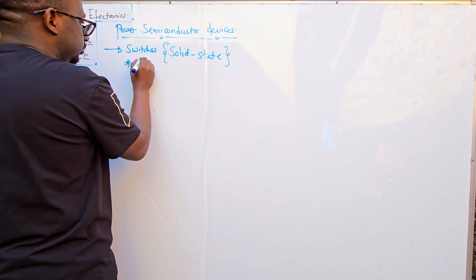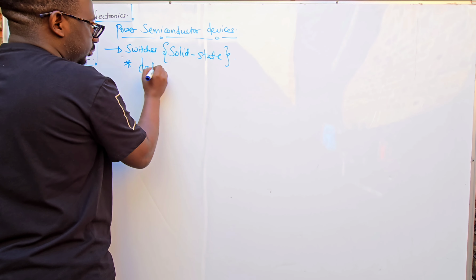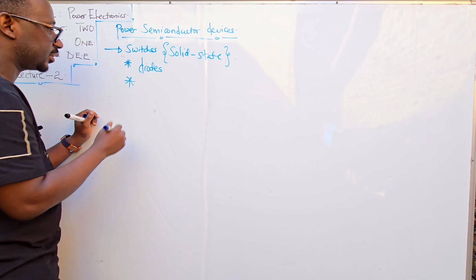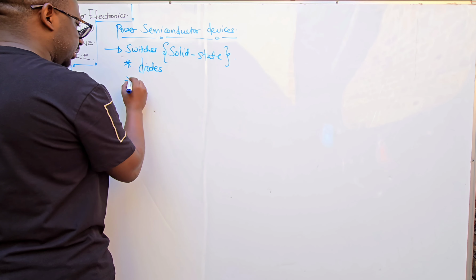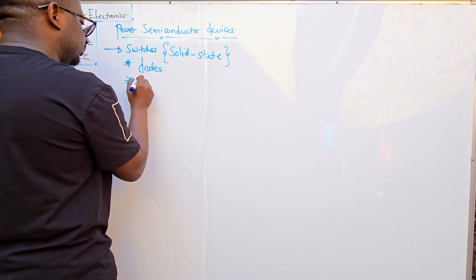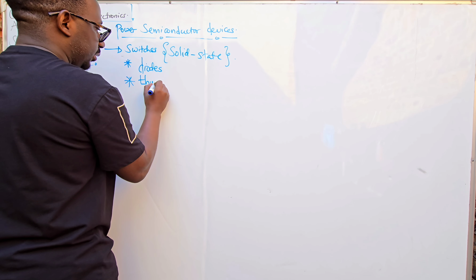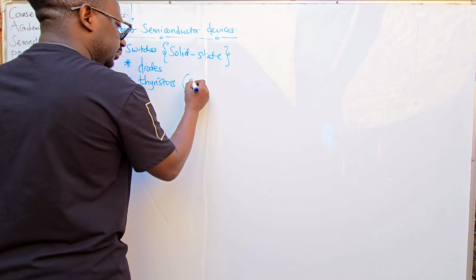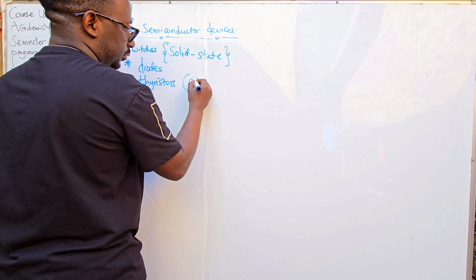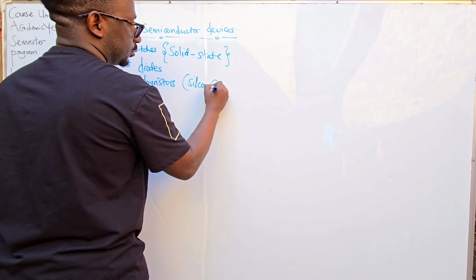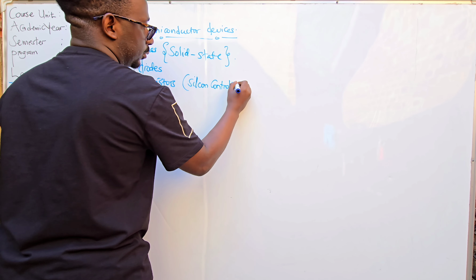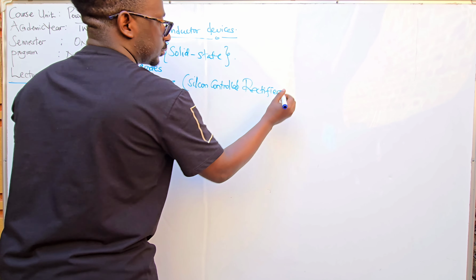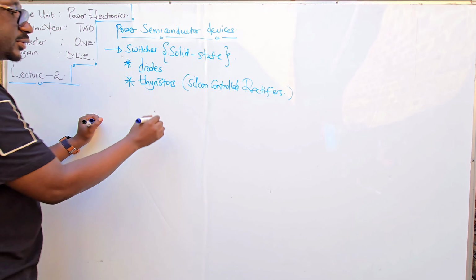These include diodes. We had a brief look at these when we were introducing the course. We have diodes. We have thyristors, or what we call silicon controlled rectifiers, SCR.